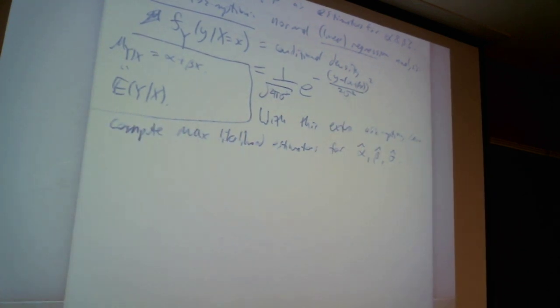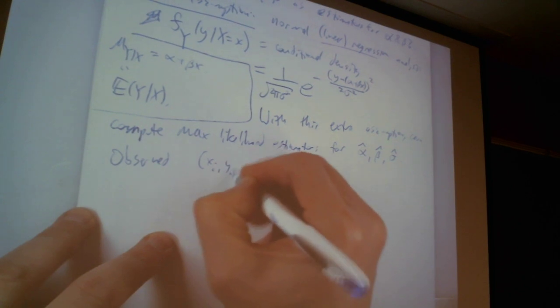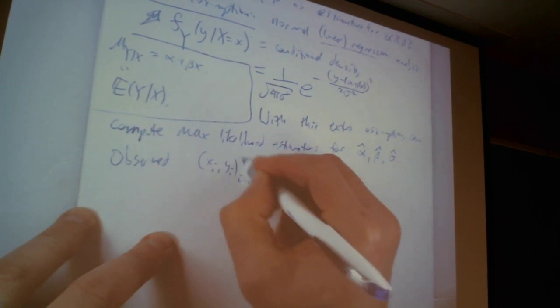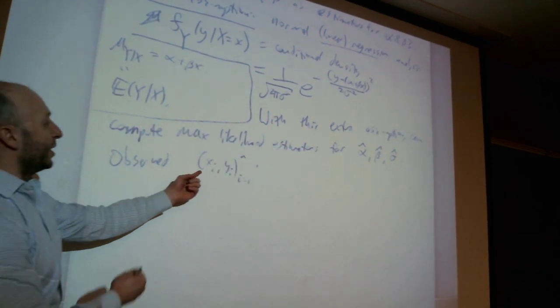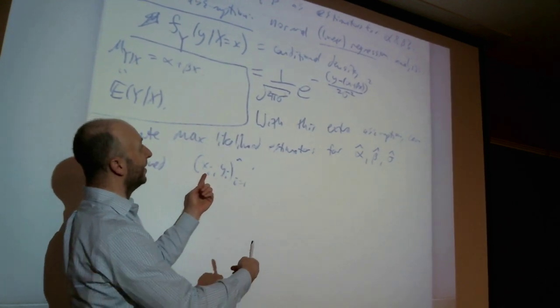But we saw a bunch of data, right? We observed xi, yi, these pairs. We think of the xi as being given to us, and what is the distribution of the yi given a value of xi? It's this.